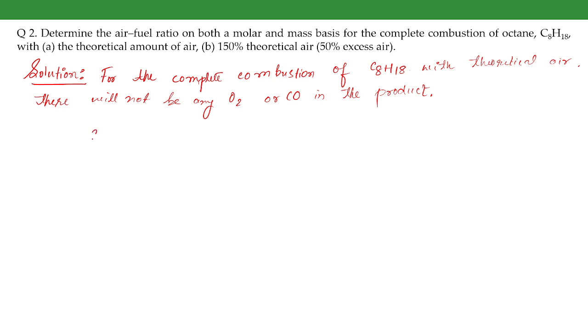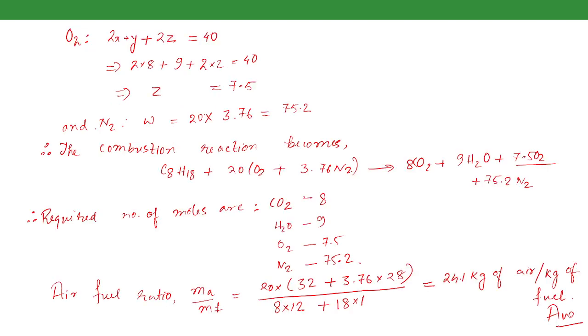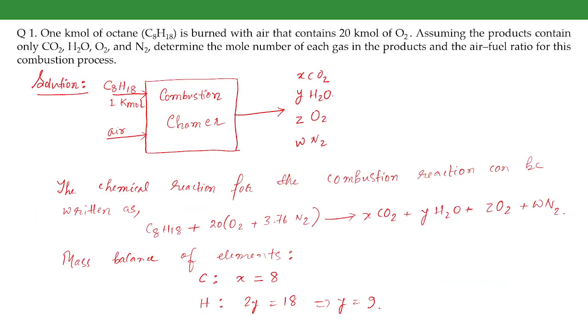So C8H18 plus, for theoretical amount of air, let the number of moles be A theoretical, and it is oxygen plus 3.76 times of nitrogen. It gives, we have already shown in the previous one how this balance happens.